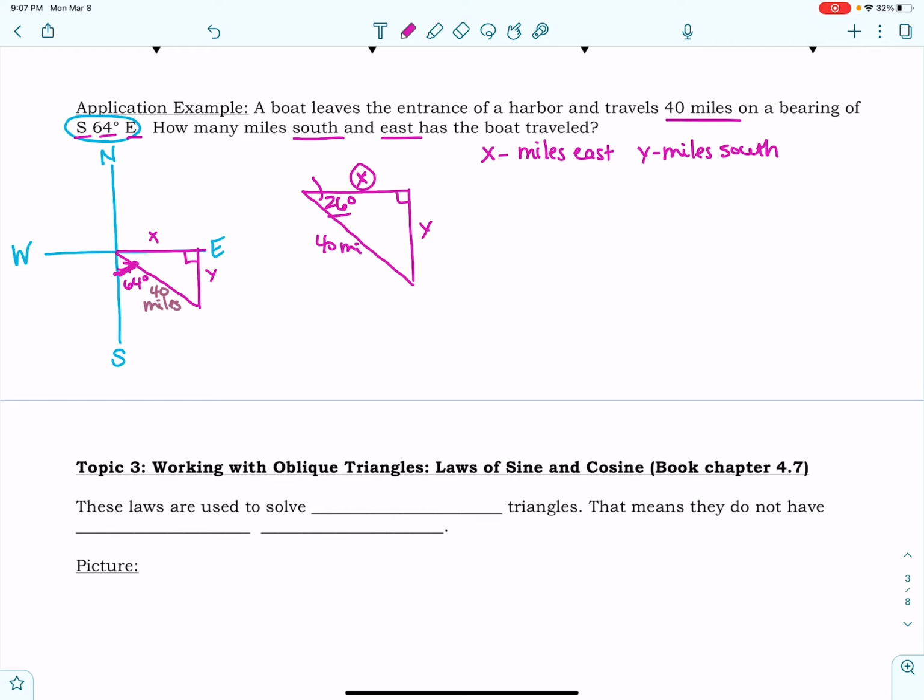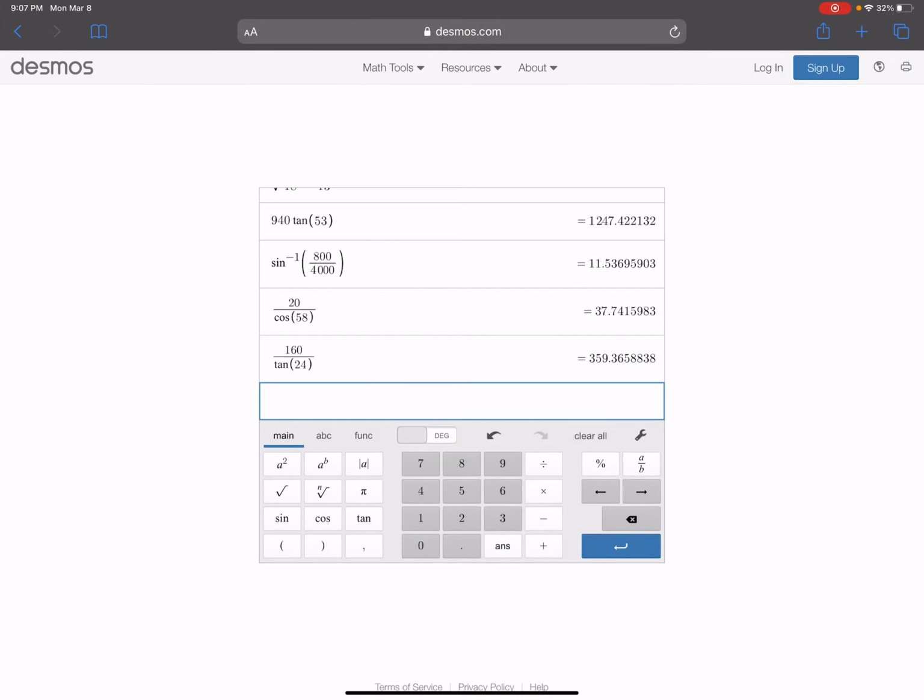It really doesn't matter which one you go with. So that's going to be cosine of 26 equals adjacent over hypotenuse. I'm going to cross multiply here. I'm going to use Desmos, my calculator here. So I've got 40 times cosine of 26 degrees.